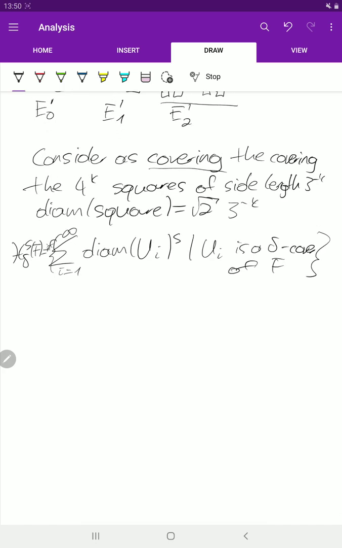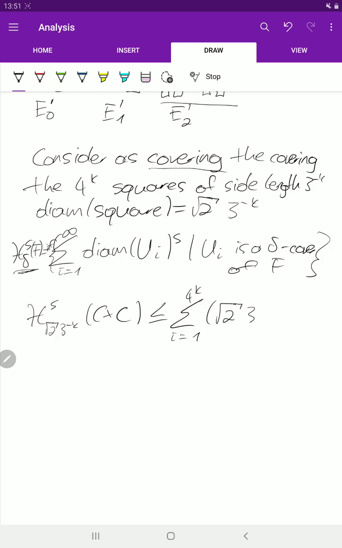And now let's see. So we have that this H^s_delta of F is at most, let me write it down, we have to deal with the diameter, so that would be square root of 2 times 3 to the minus k, and this would be at most 4 to the k squares, and the diameter.